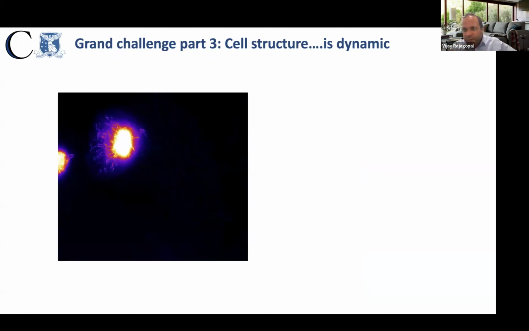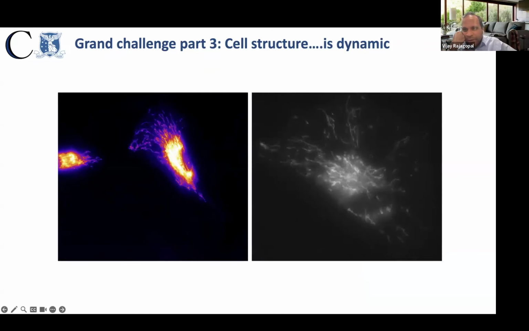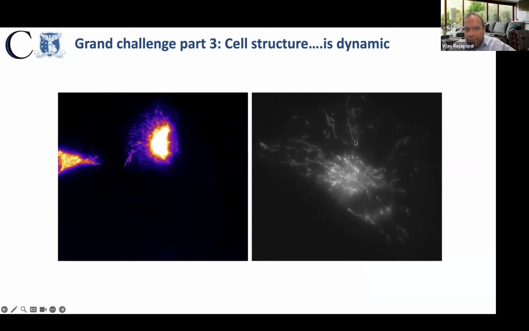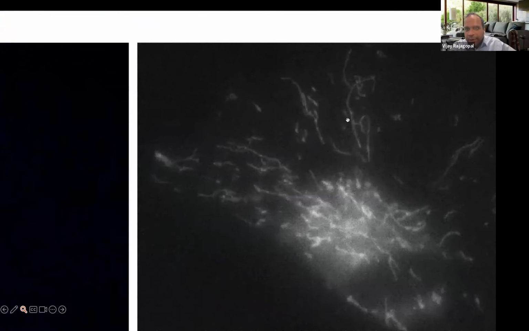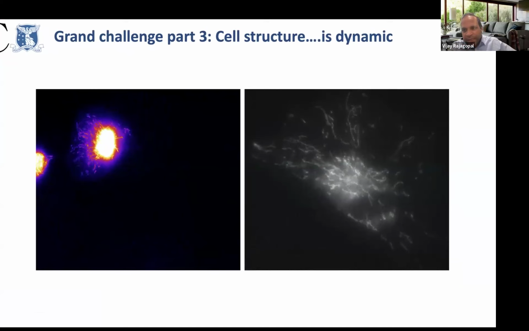There's a bit of color added to this using a lookup table. This is what the real image looks like: low contrast, blurry, noisy. How do you segment these data sets? How do you segment out manually where a mitochondrion starts and where it finishes? These are all challenges that we were facing.